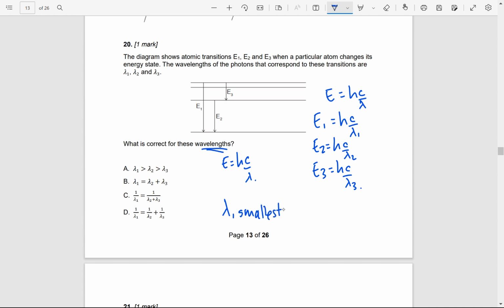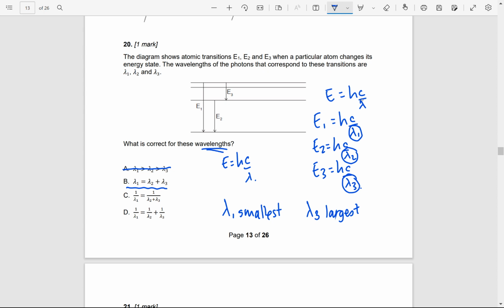E3 is the smallest, which means that lambda 3 is the largest because they're inversely proportional. Okay, so we're looking for lambda 1 is the smallest, lambda 3 is the largest. So it's not that, because that's saying the opposite. All right. Well, lambda 1, so these lambdas aren't related to each other like this.